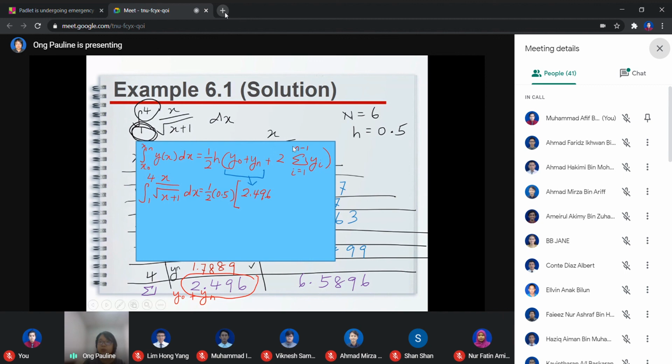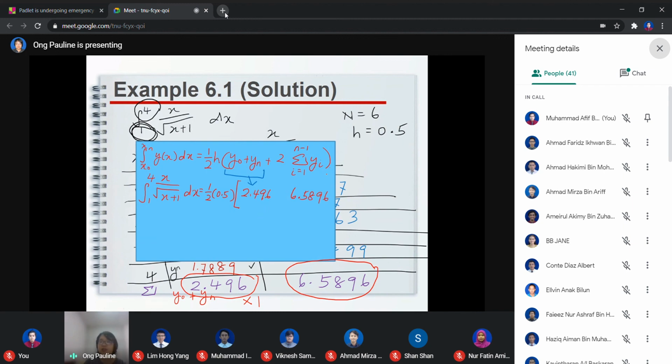The summation of yi when i is from 1 to n minus 1 is the value here, the summation where we sum up those values in between y0 and yn. This is the summation of the intermediate values, so we get 6.5896. For y0 plus yn, we multiply it with 1, so we do not write it out.